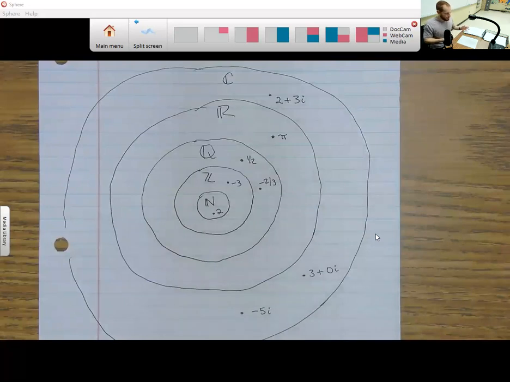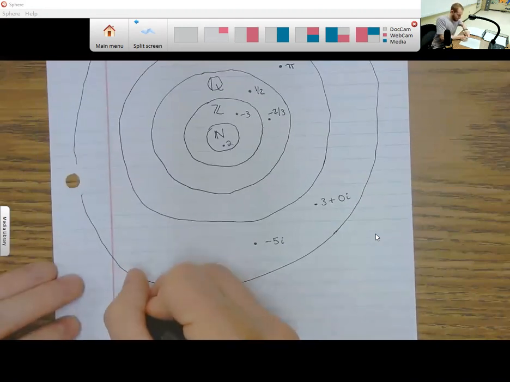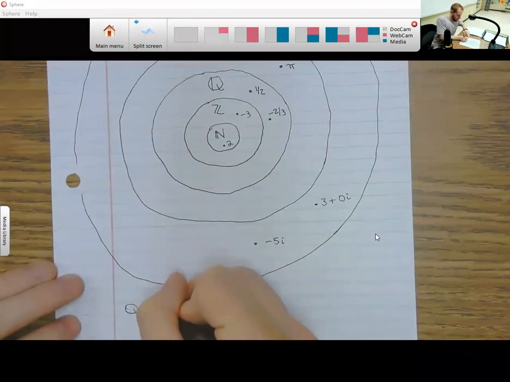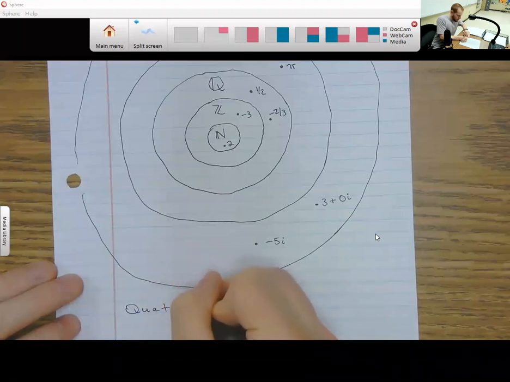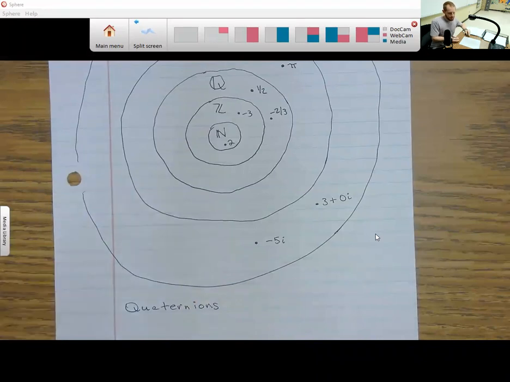Now, you're probably asking yourself, okay, are there even bigger circles, right? Are there even bigger number sets that we aren't even talking about? And the answer is yes. There are even more sets. Some sets are even bigger than the complex numbers, like the quaternions.